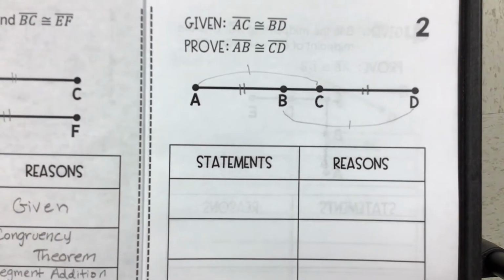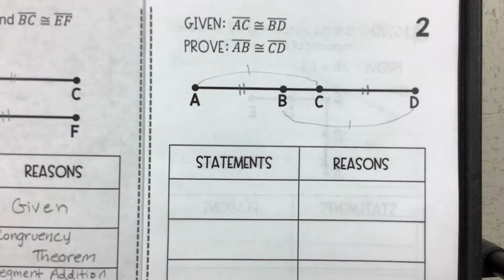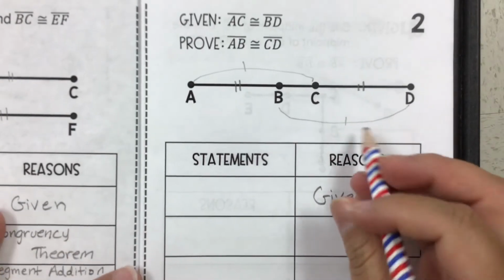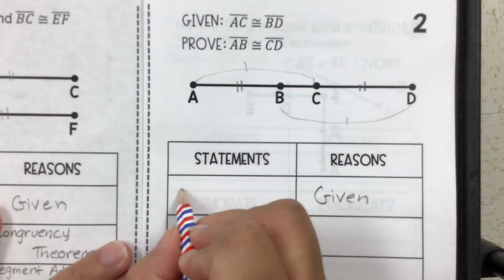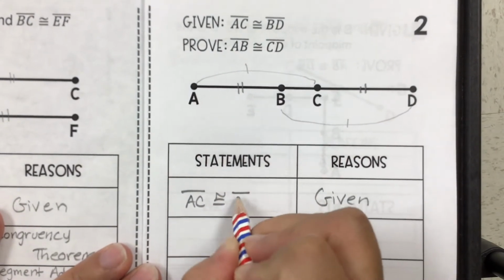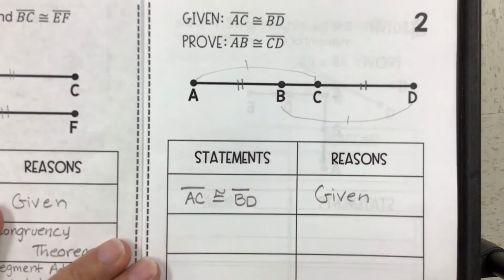So what do you always start with? The given. Why can you write the statement? Because it was given to you. So you can write that the segment AC is congruent to the segment BD.